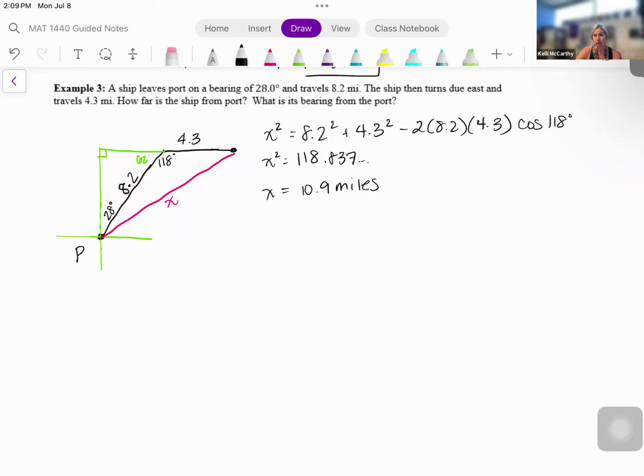And the bearing that we're looking at is, again, starting from that due north from that port to that vector that we're using to represent the distance that the ship is from the port now. So this angle, I'm going to call it y, is our bearing.